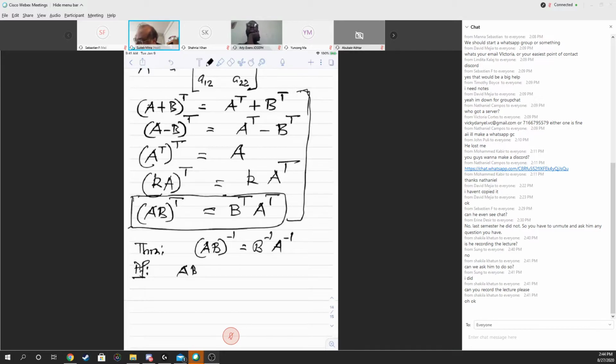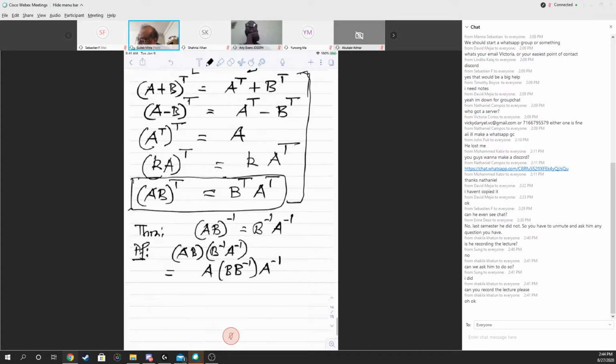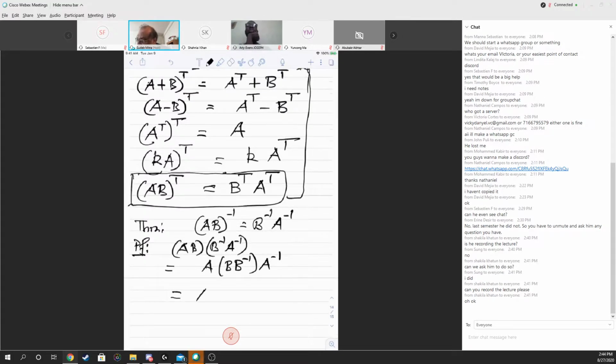AB times B inverse A inverse is equal to, matrix multiplication is associative, so A times B inverse A inverse. That is A times I A inverse.